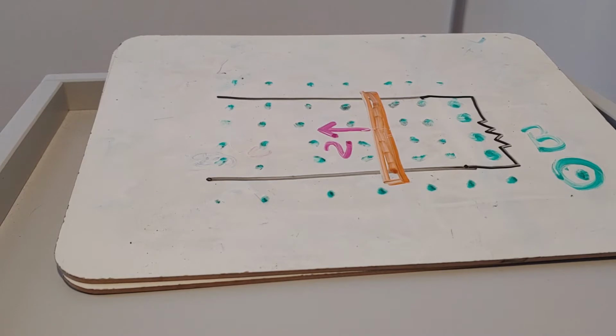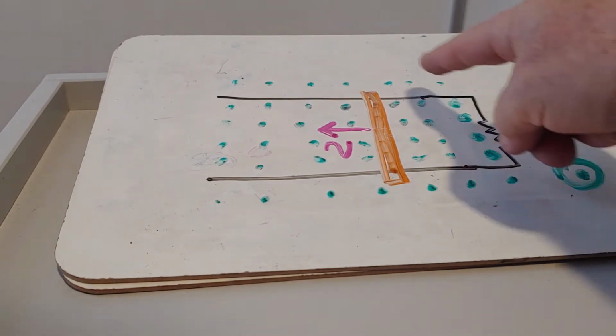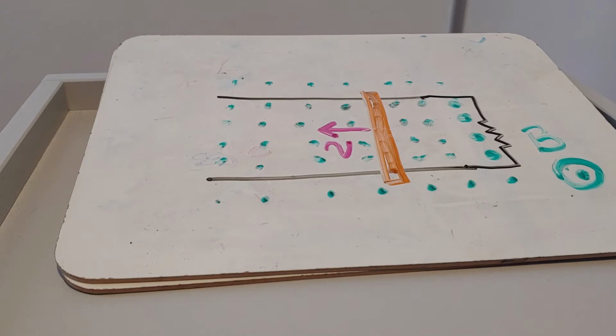So that bar, as it moves right to left, results in an increasing flux inside our loop, and Lenz's law allows us to understand the direction of the current that results from the EMF that results from that increasing flux. Take a moment and think about what direction that ought to be.